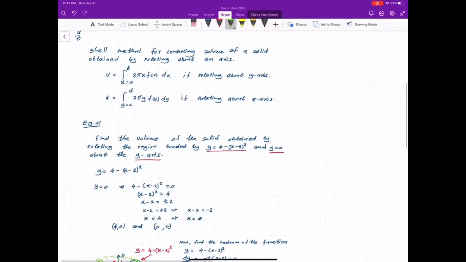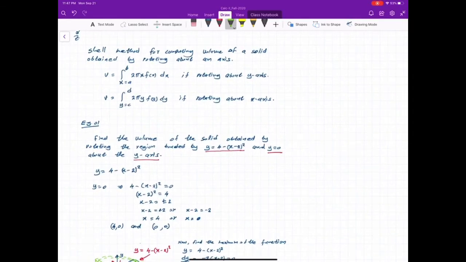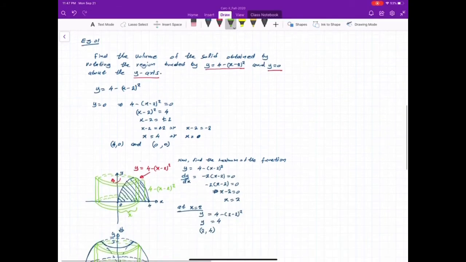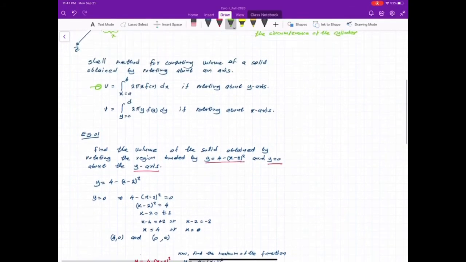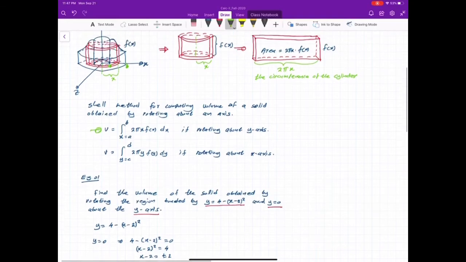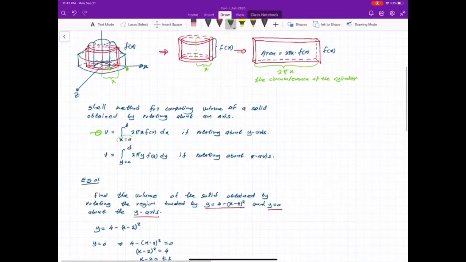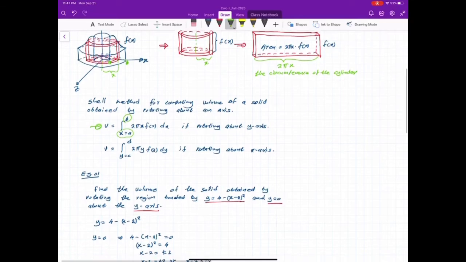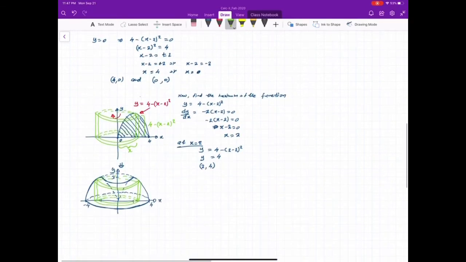Now we have to find the corresponding formula. So this is the corresponding formula, rotation about the y-axis. And then you have to find how the inner radius and the outer radius, how x varies. In this case, x varies from 0 to 4.